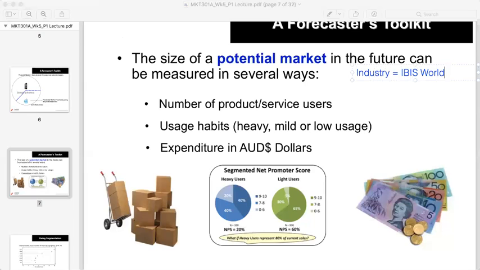They will report the total consumption. Let's say based on their research, we find that the market potential of the industry is actually $1 billion. So that helps us to estimate our own market share later on. So that's another thing in terms of understanding the size of the potential market.